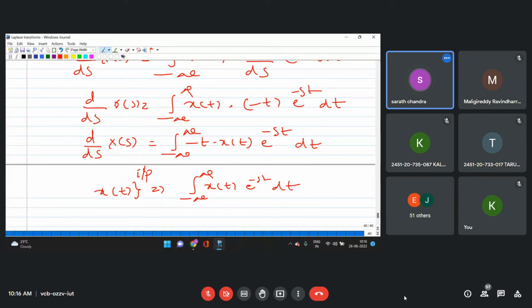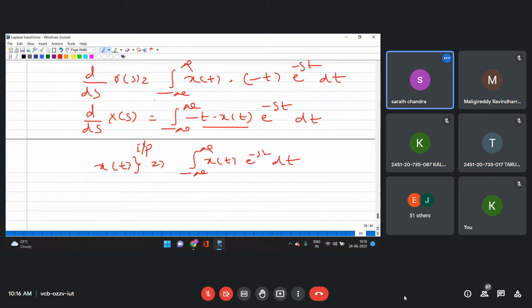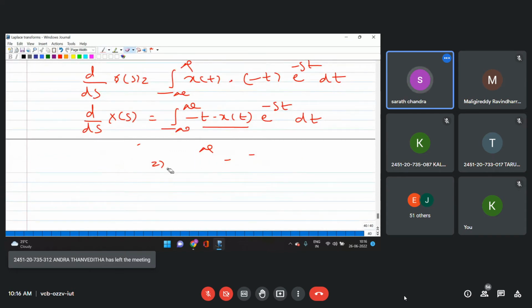Is that clear? Now what is the input we have? Input is t into x of t. Is that clear? Right? Now the input is t into x of t, and minus if I take outside, so this will be equaling, yes, so minus, let me take it to the other side.